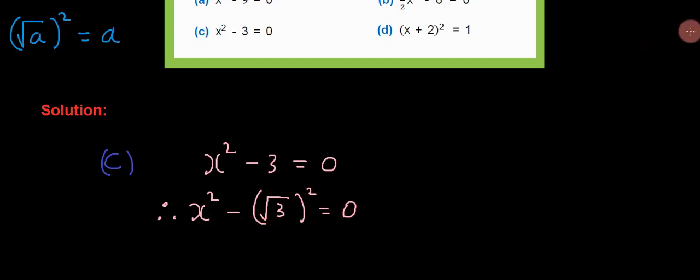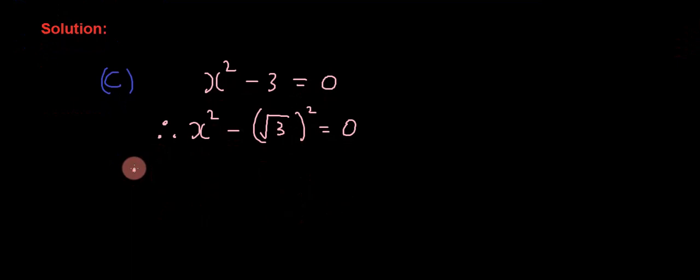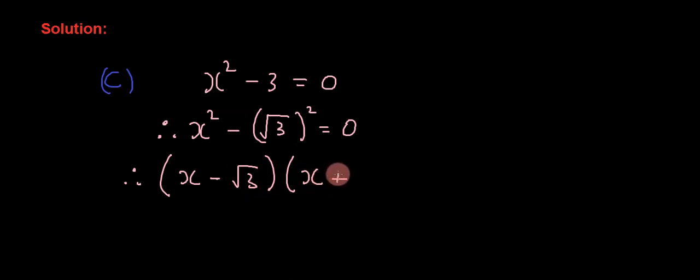Now this is a difference of squares, so we can factorize. The square root of the first term minus the square root of the second term, times the square root of the first term plus the square root of the second term. This must be 0. We can use the zero product rule.